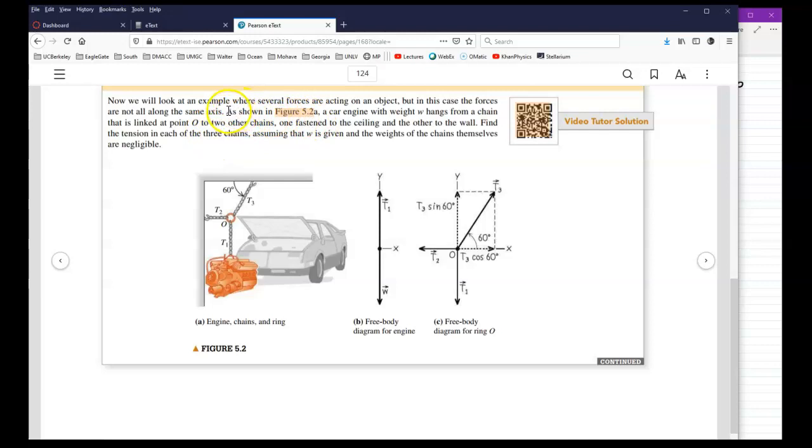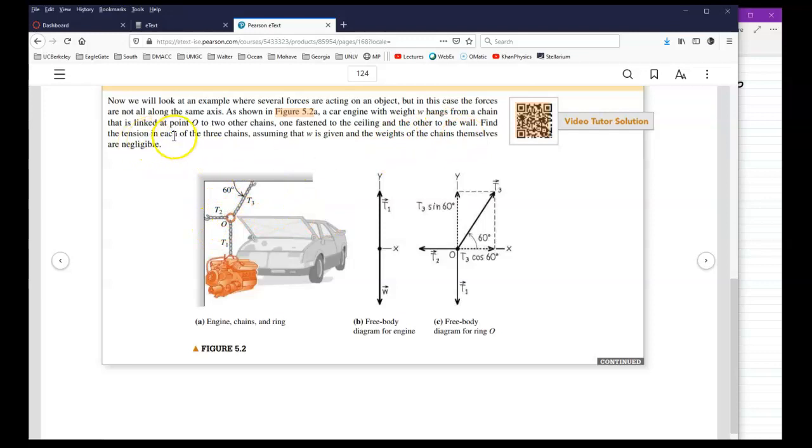It says, as shown in figure 5.2, a car engine with a weight W hangs from a chain that is linked at point O, right there, to 2 other chains. One fastened to the ceiling and the other to the wall. As you can see here, this is to the ceiling, this is to the wall.